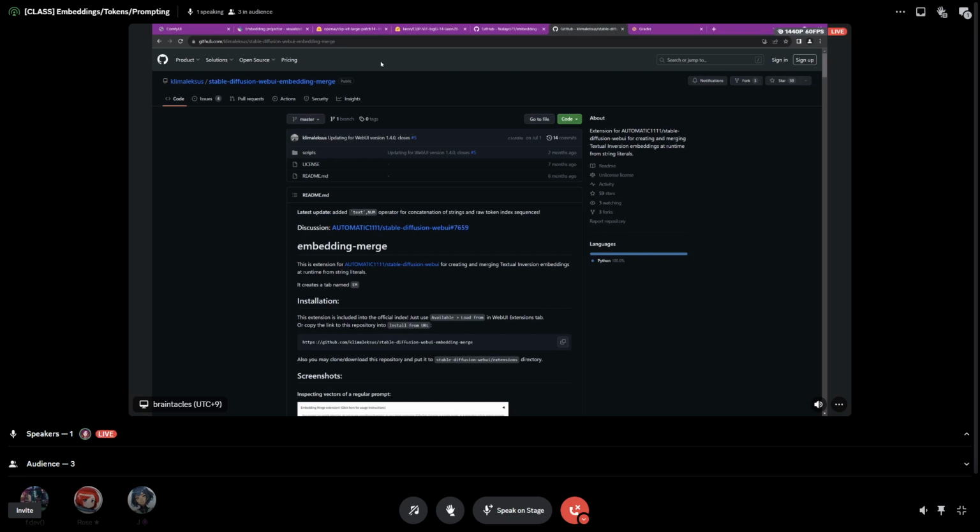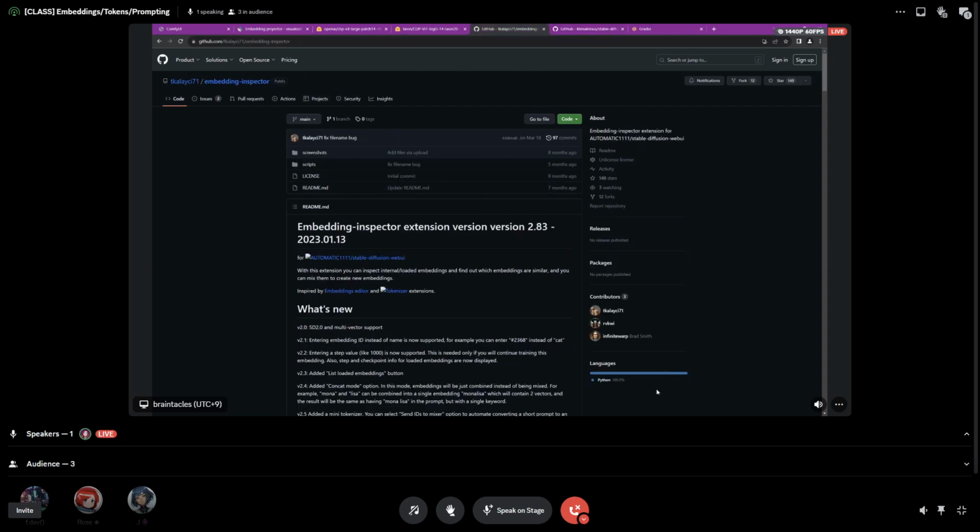It's something I will probably have to implement myself, but it's also a bit better to get the tokens for your prompt in different ways. I don't know how to say it. But yeah, the embedding inspector is probably the most important one we're going to use today.